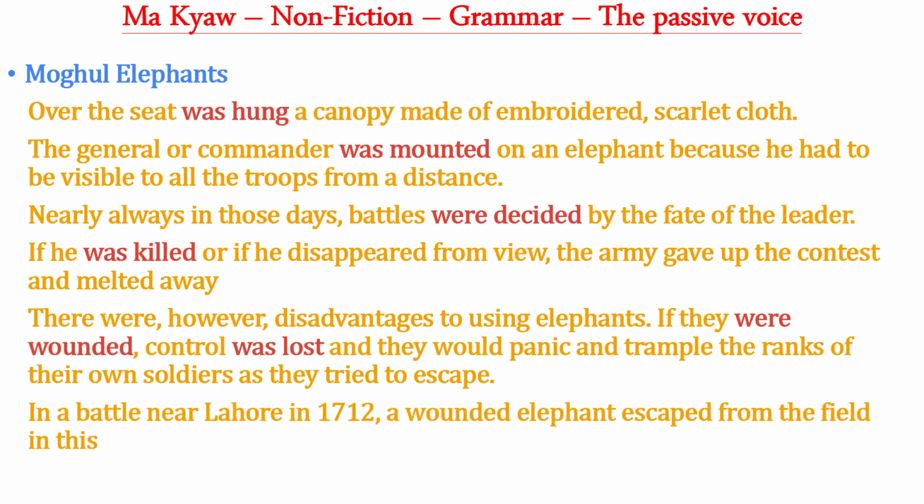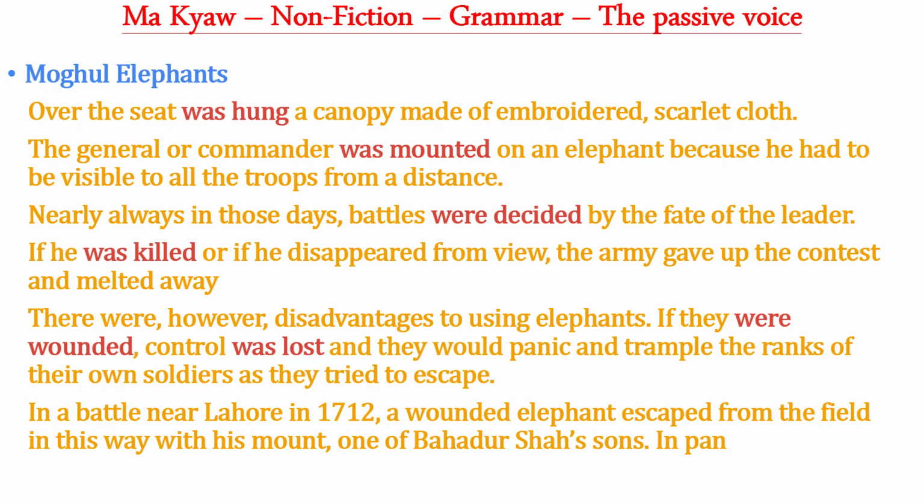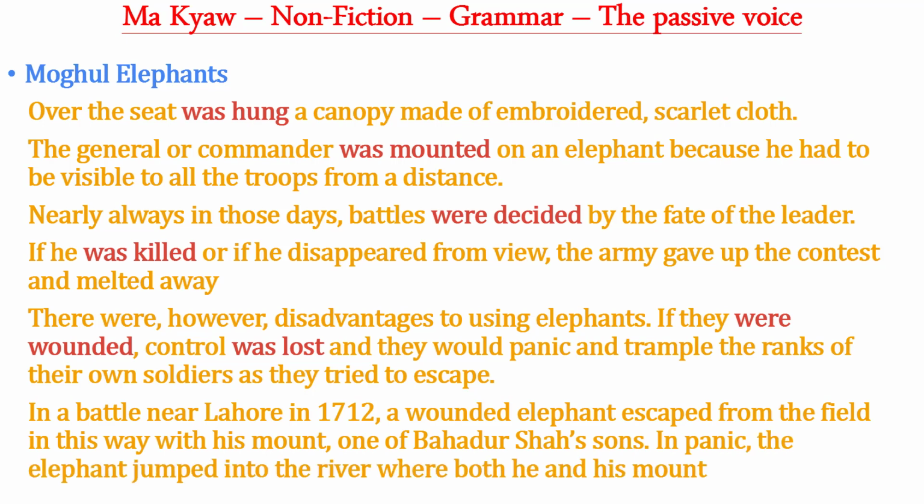In a battle near Lahore in 1712, a wounded elephant escaped from the field in this way with his mount, one of Bahadur Shah's sons. In panic, the elephant jumped into the river where both he and his mount were drowned. So the word drowned will be replaced by were drowned.